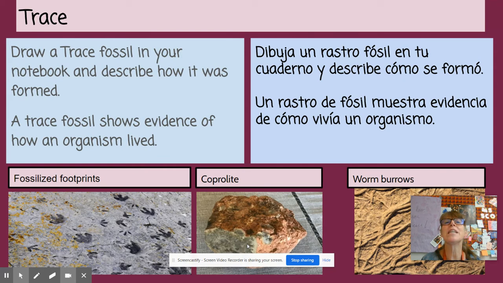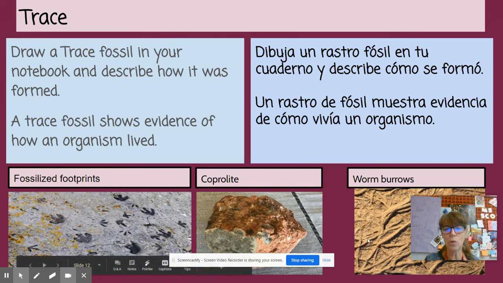Trace, say that with me, trace fossil. So here's a trace fossil. You may have seen this in your video. This is called a coprolite. Coprolite is fossilized feces, okay? Poop. So this is fossilized poop. Also, you can see down here fossilized little wormholes.